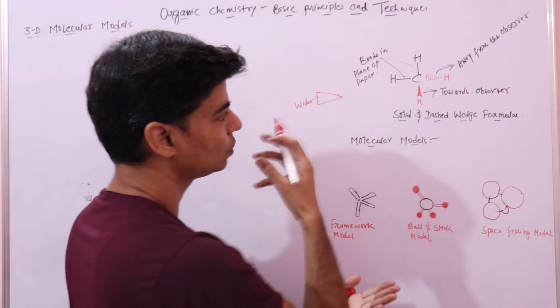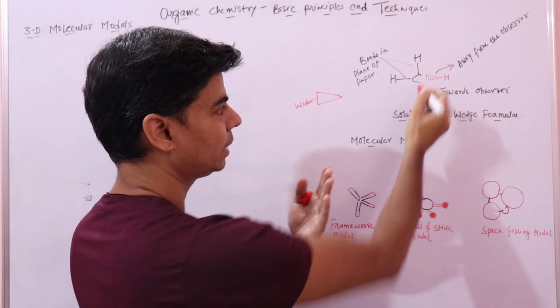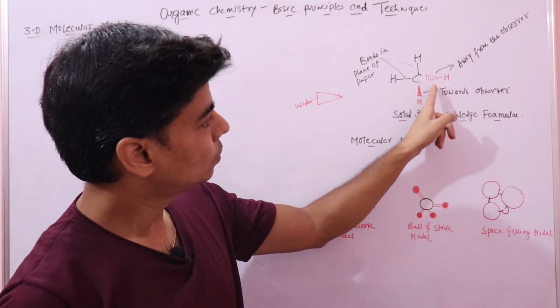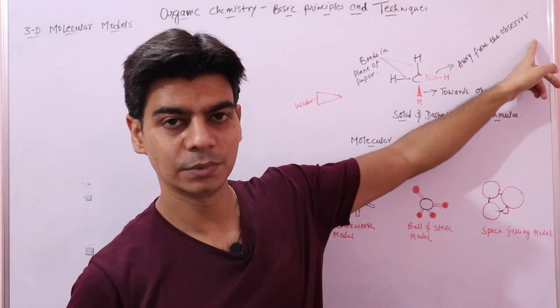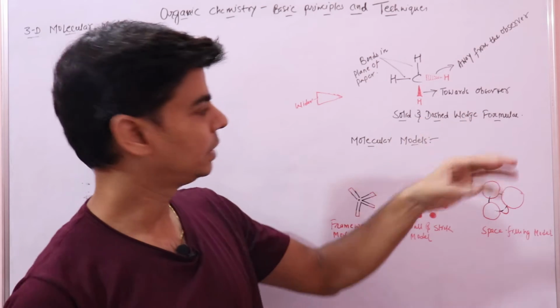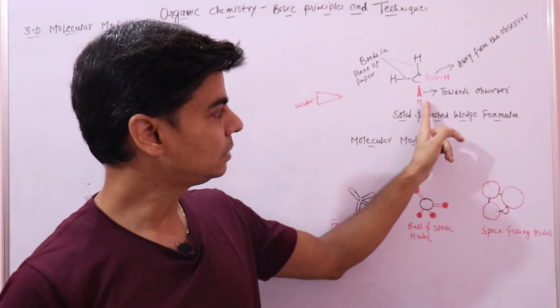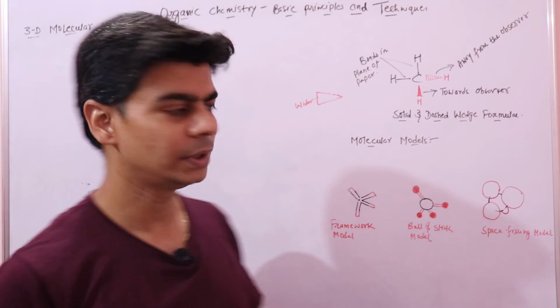So the dashed wedge represents a bond away from the observer, below the plane of paper, and the solid wedge represents a bond towards the observer. This is the solid and dashed wedge formula.